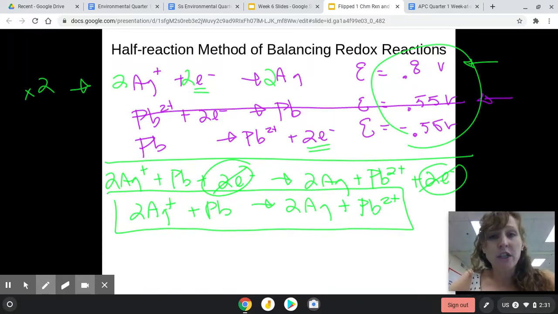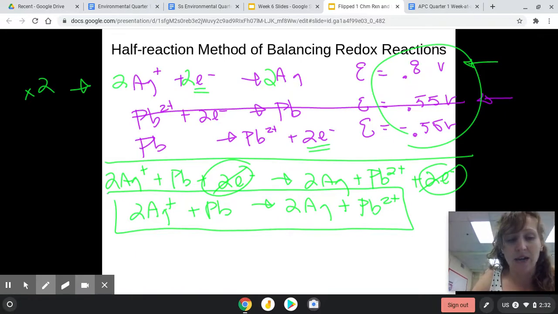Now, unfortunately, in redox, not everything is this simple. When your reactions include oxygen or hydrogen, they're definitely not this simple. If you go back to that chart, you'll find certain things like manganate are a really good example.